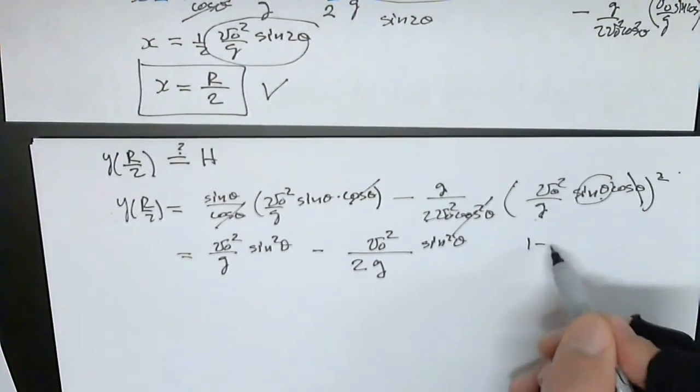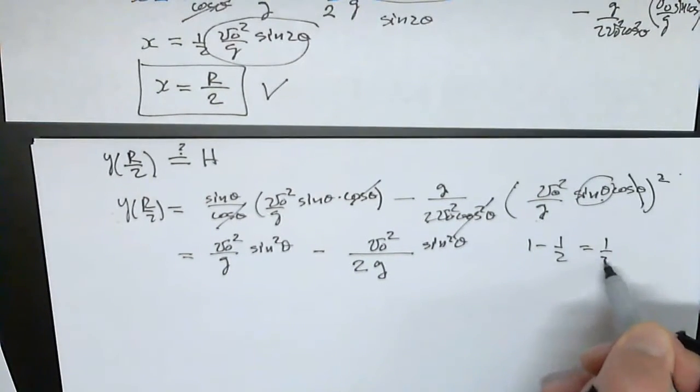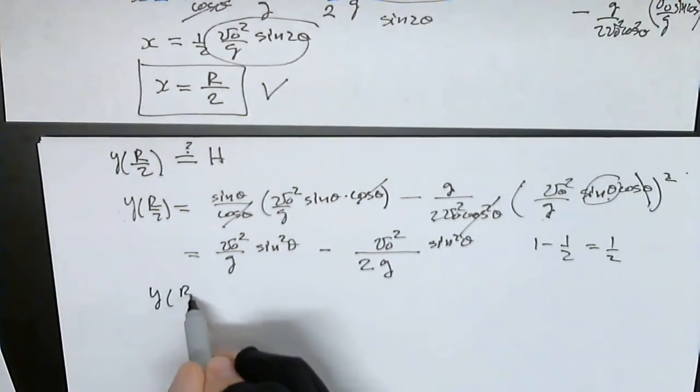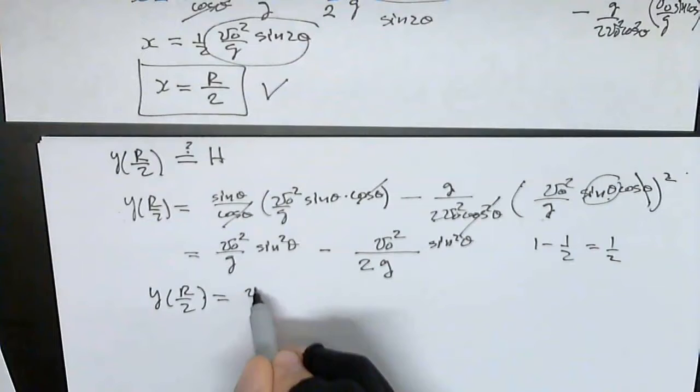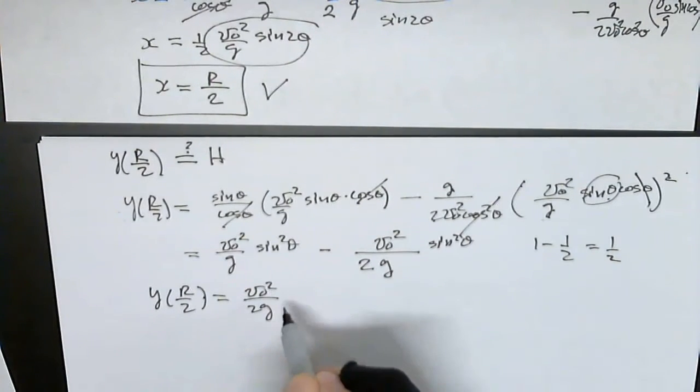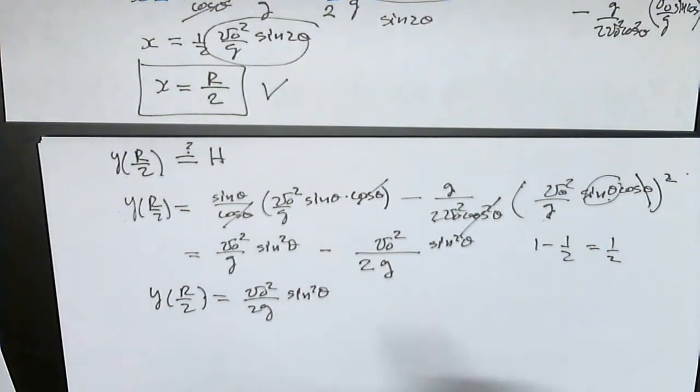And yes, 1 minus a half is 1/2. So y at r over 2 is v naught squared over 2g sine squared.